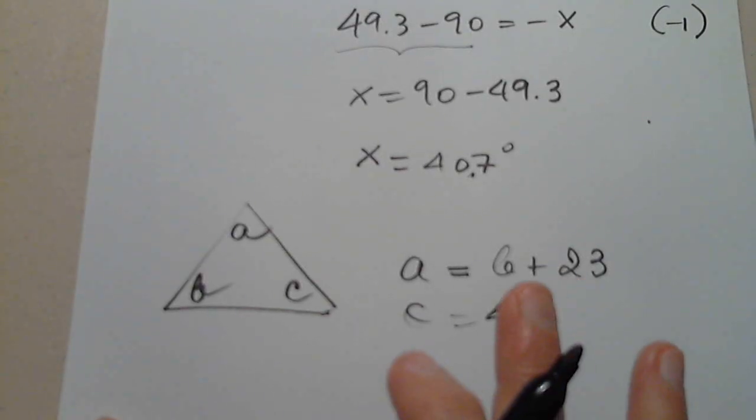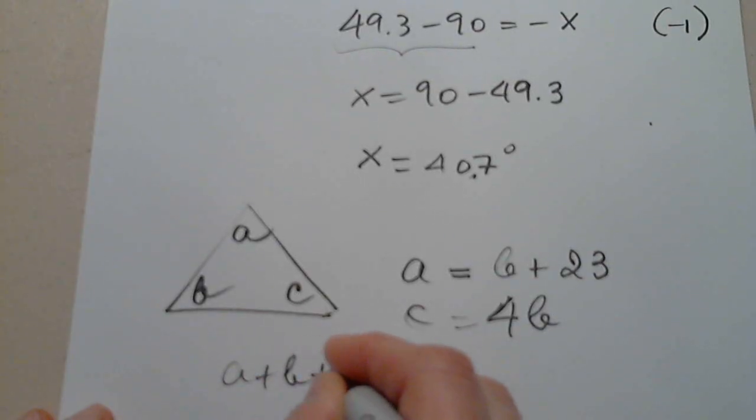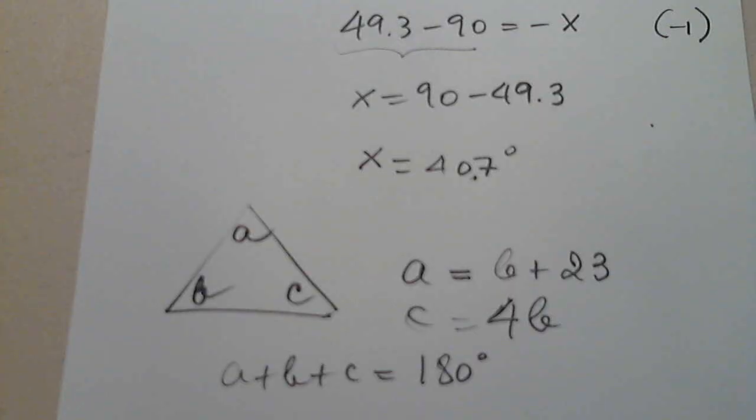What we know about the sum of the angles in a triangle is that it is always half a circle. A full circle is 360 degrees, and the sum of the angles in a triangle will always be half of a circle, which is 180 degrees.